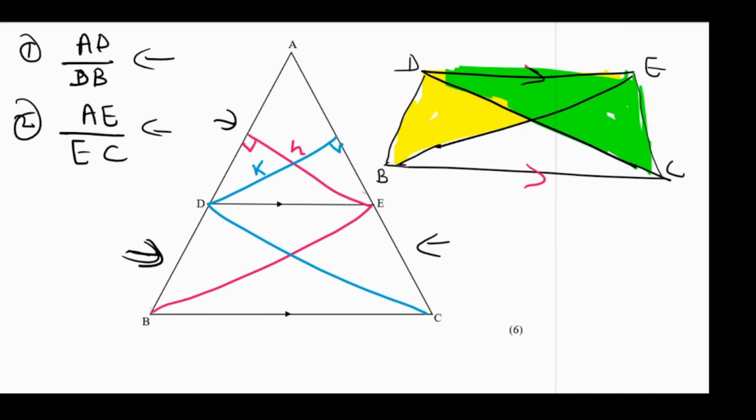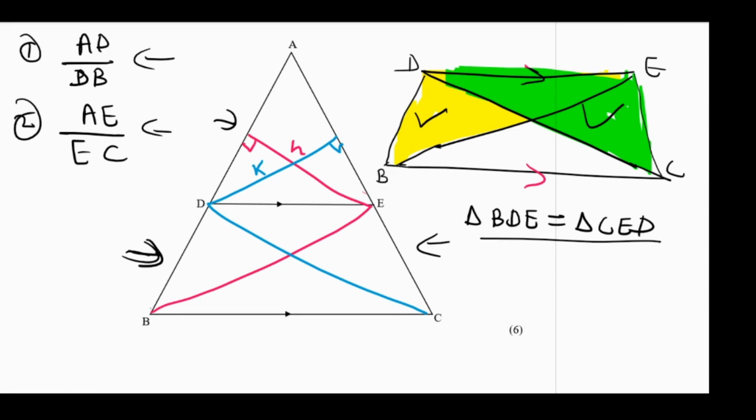So the fact that we're having these two triangles between parallel lines sharing the same base means that triangle BDE is equal to triangle CED. So this triangle that is green and this triangle that is yellow are equal because they are between parallel lines and they share the same base, right?